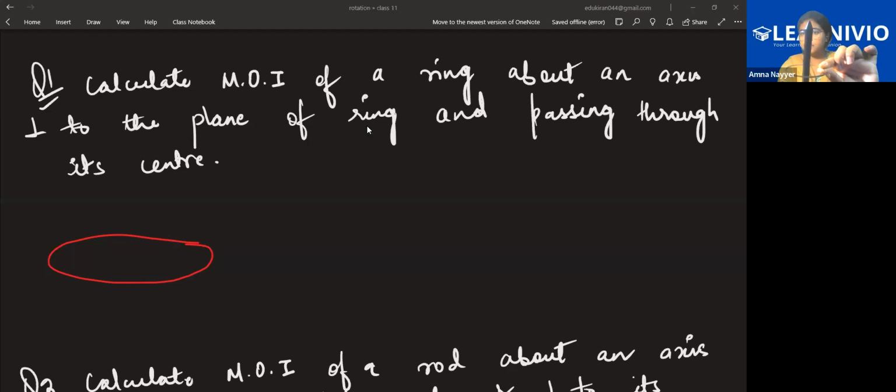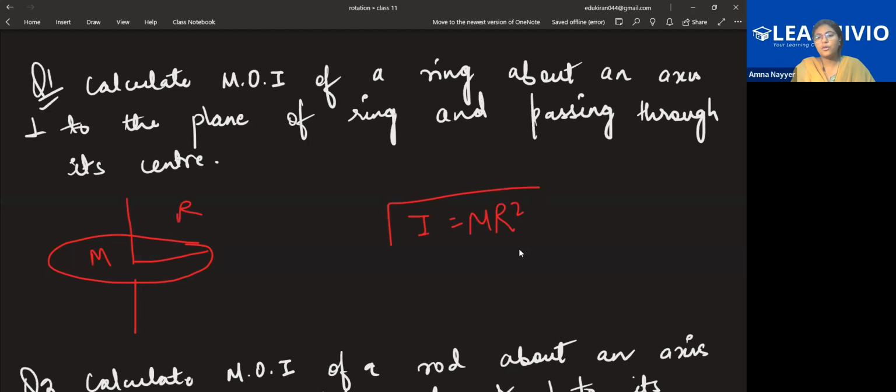Like this. Okay. So this is the axis. This is the mass. This is the radius.